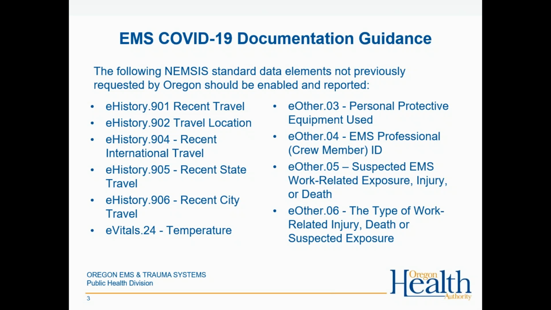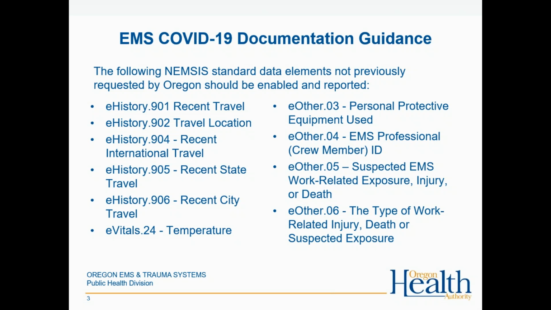We're enabling a new vital signs field for recording temperature. And when we get into some of the details a little later, you'll see why this is especially important for even patients not presenting fever in the field. And then we have 4 other fields relating to tracking PPE use for all responding individuals.